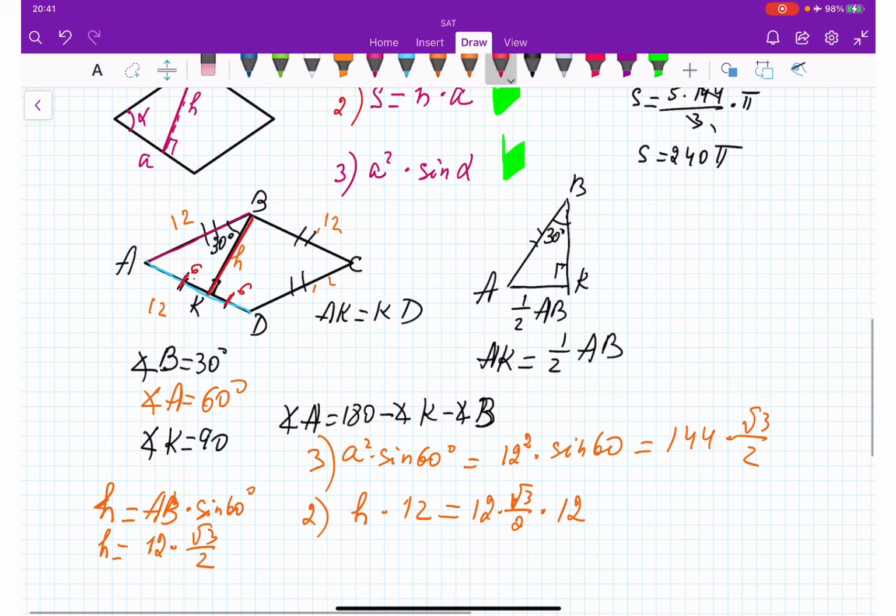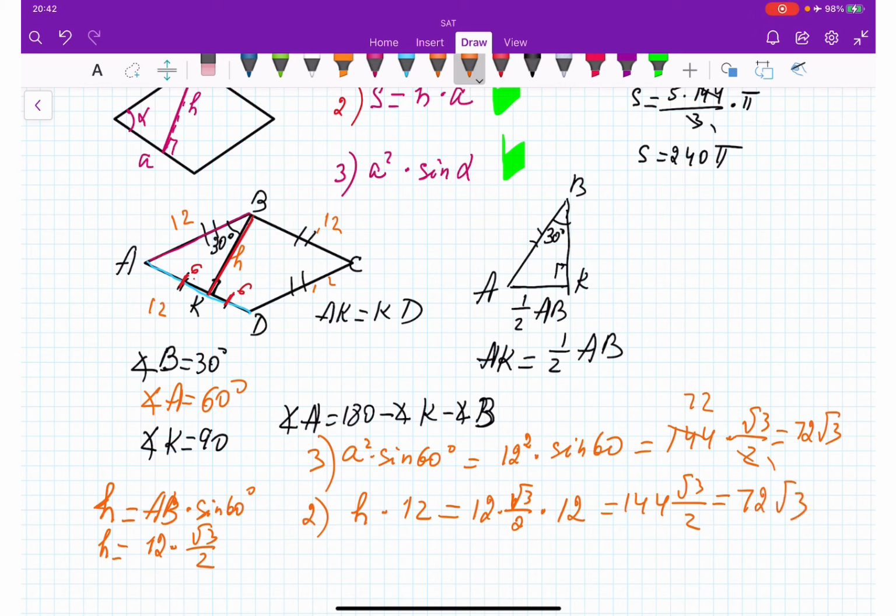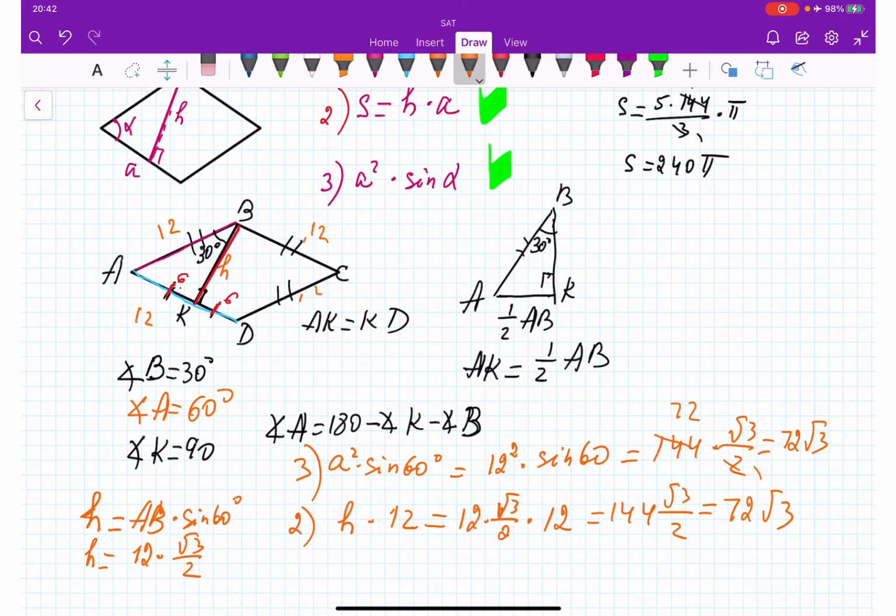So in both cases I am getting 144 square root 3 over 2, which is going to be 72 square root 3, right? This is 1, this is 72. Same way, 72 square root 3. Okay, so this is the area of the rhombus.